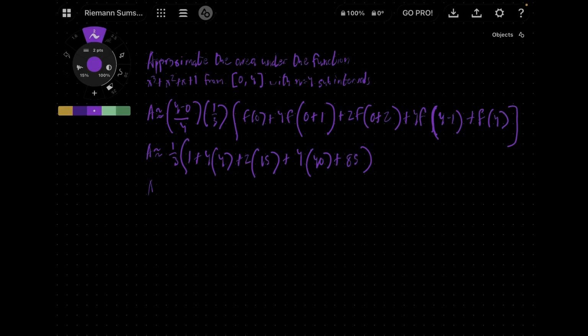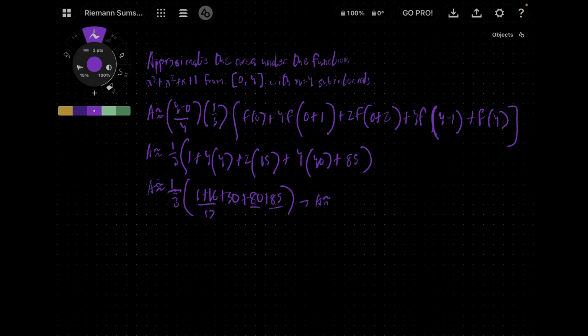This value again simplifies to A is approximately 1/3 multiplied by 1 plus 16 plus 30 plus 80 plus 85. Now 80 plus 85 is 165, and this is 17.